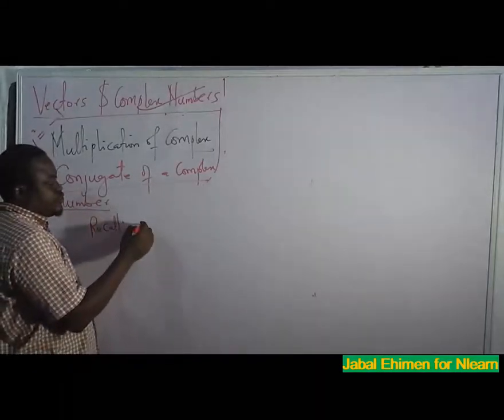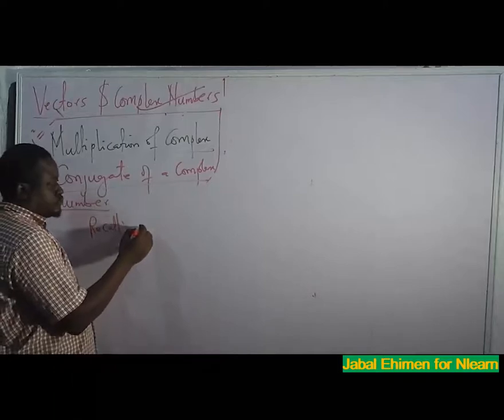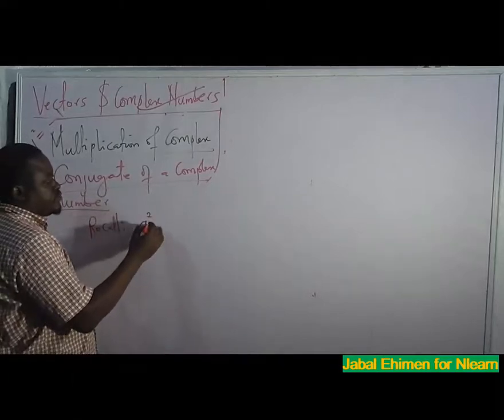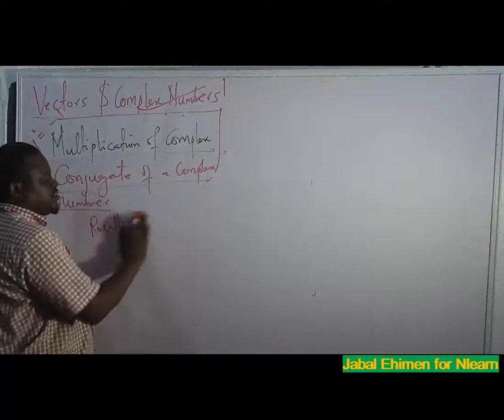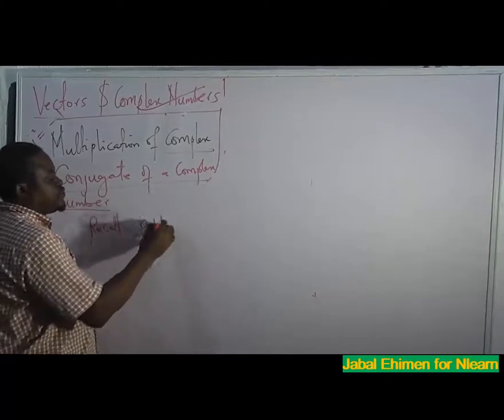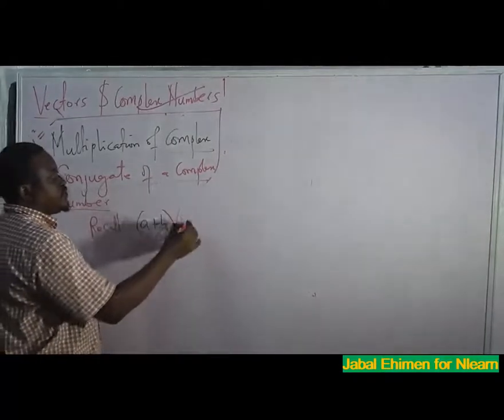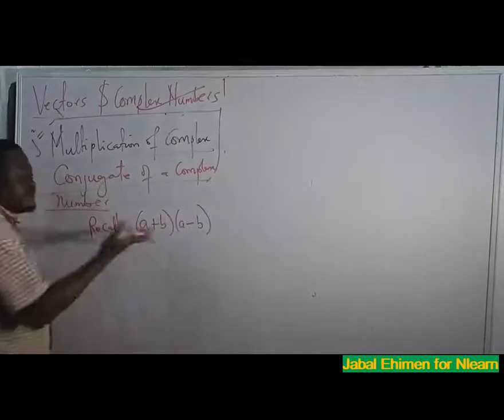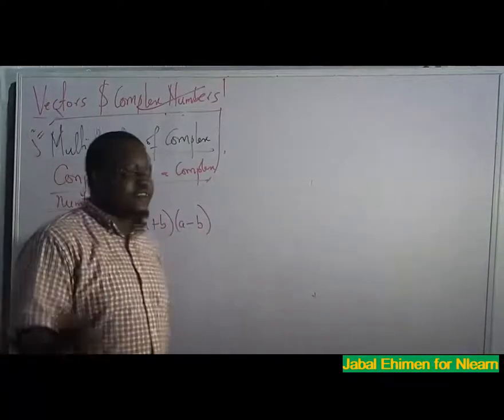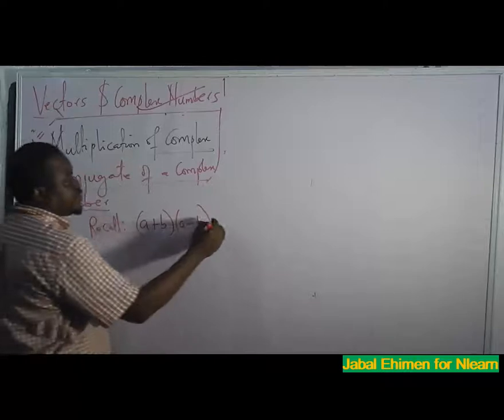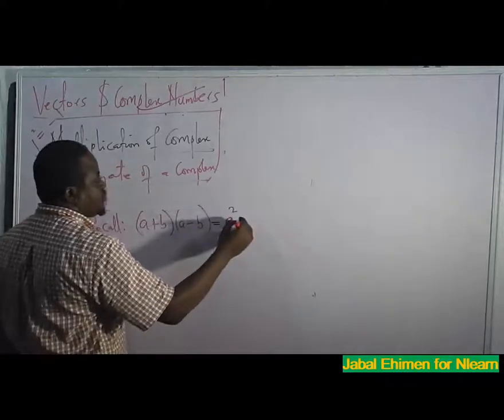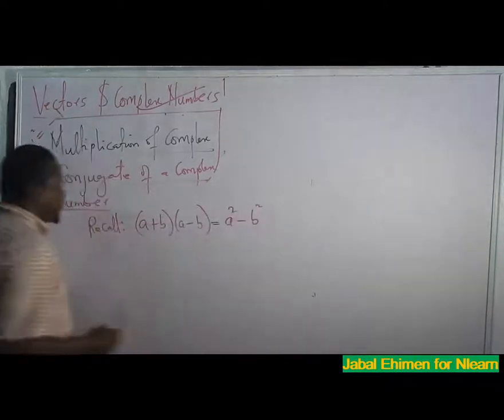Recall that anytime you have, let me say, a plus b into bracket a minus b, that's De Morgan's rule. De Morgan said that this can become a squared minus b squared. So always remember this.